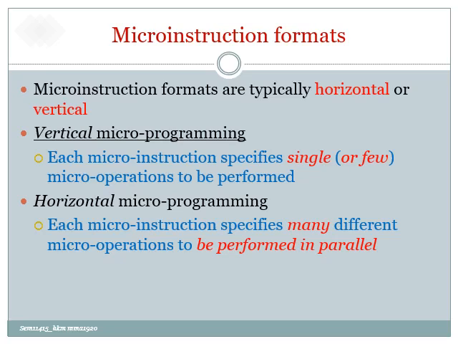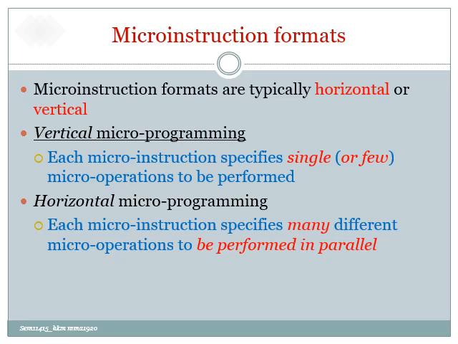We are focusing on vertical microprogramming, where each micro instruction will specify a single micro operation, or at most 3, a few. So at most 3 micro operations occur at one time.